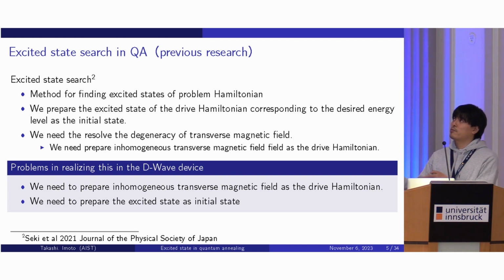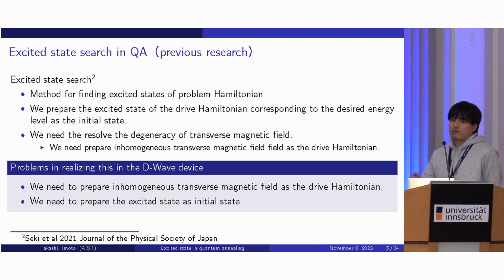This is the previous research. This excited state search was proposed by Seki et al. in 2021, and this is a method for finding excited states of a problem Hamiltonian.